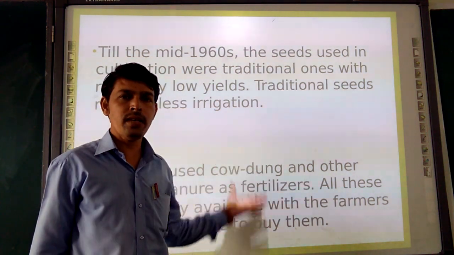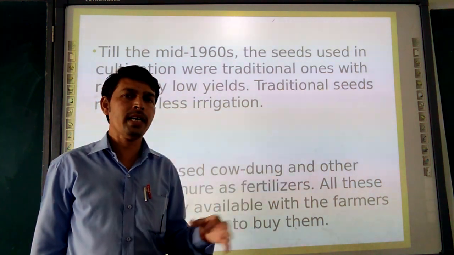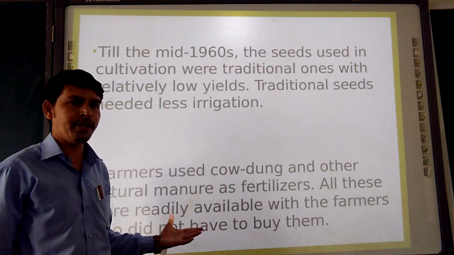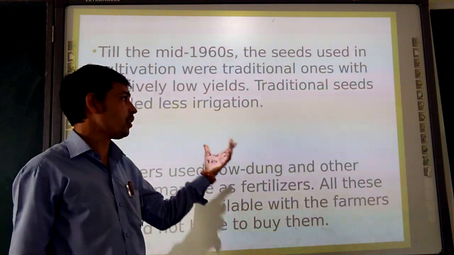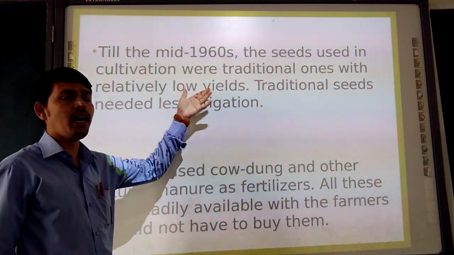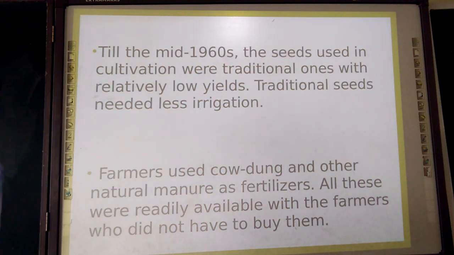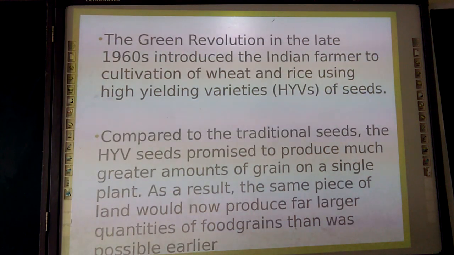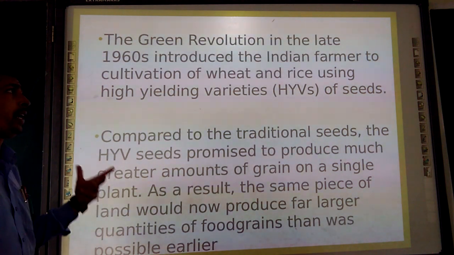But when the farmers were adopting the traditional methods, they were using homemade manure, homemade seeds, and less irrigation, and their crops were giving a low yield.